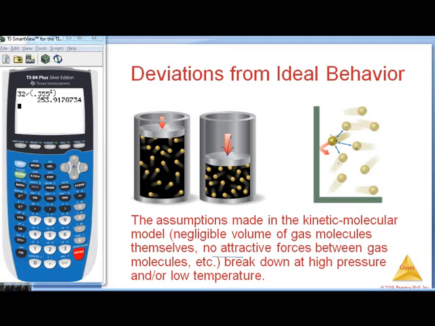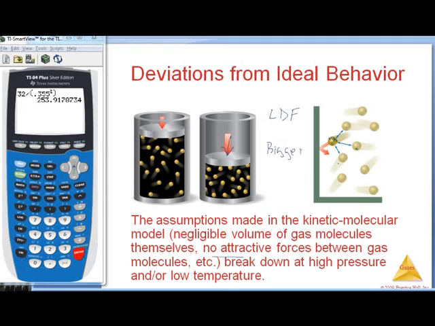okay? And that attraction usually comes from London dispersion forces, and as we know, the more electrons a compound has, the larger the London dispersion forces, because of the larger skewing of the electron cloud that you can have. So there's going to be more attraction when you have bigger molecules, right?